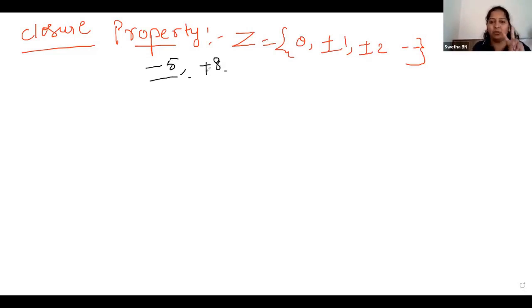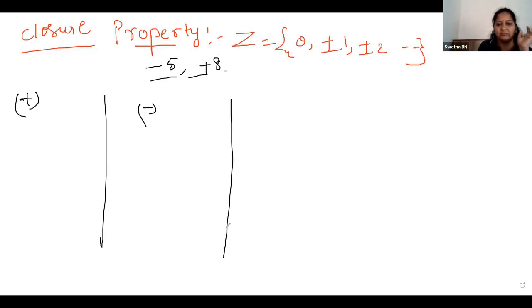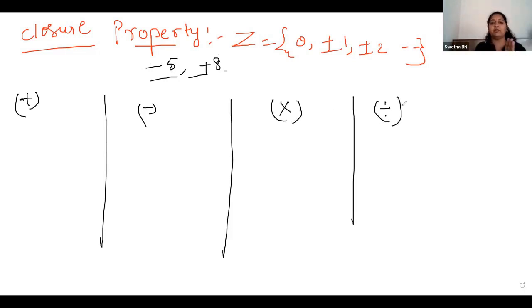Okay, I have taken 2 numbers, children. So what do you have to do? Yes, addition, subtraction, multiplication and division. So you have to apply all the mathematical operations.